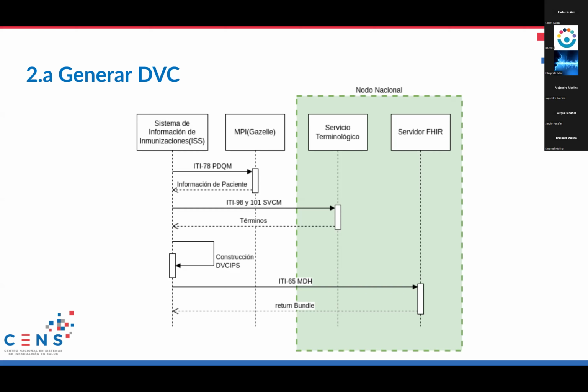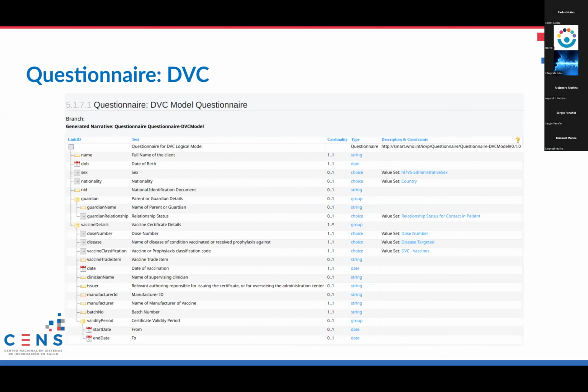You're going to add within these elements the DVC IPS bundle, which is document type, obviously based on the DVC and created in your FHIR server. Then the rest of the elements will be explained by Sergio once I complete the first part of the presentation.